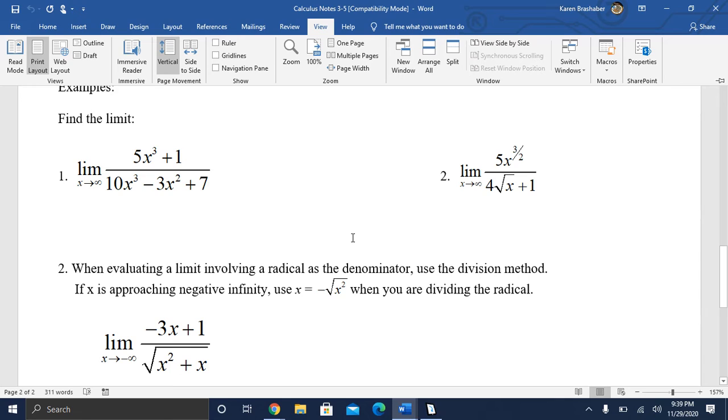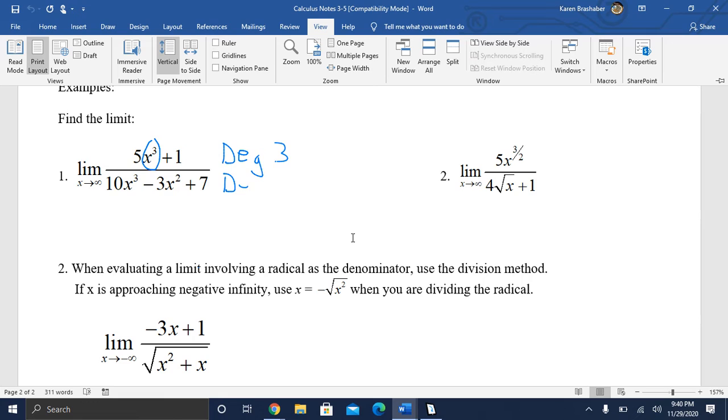So problem number 1 here, we have the limit as x approaches infinity of 5x to the third plus 1 over 10x to the third minus 3x squared plus 7. So we're going to look at their degrees. And for this one, we have a degree of 3, since this is our highest power in the numerator.